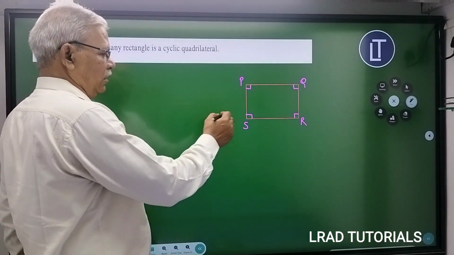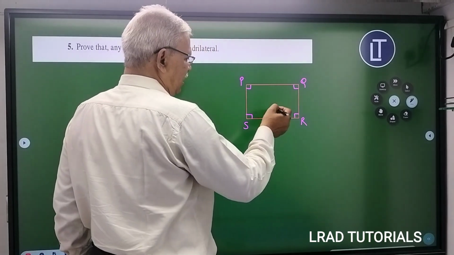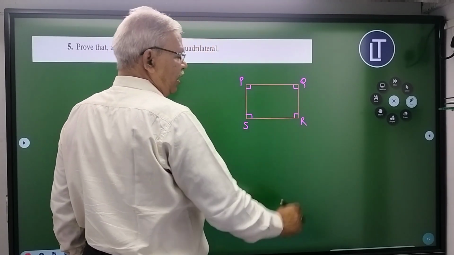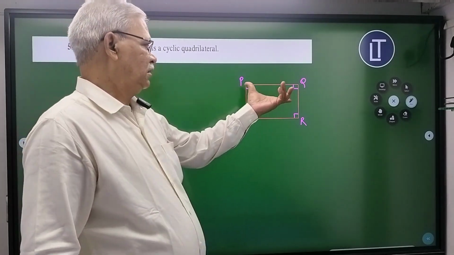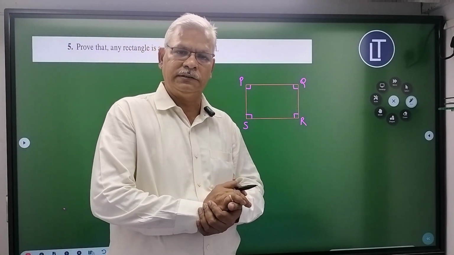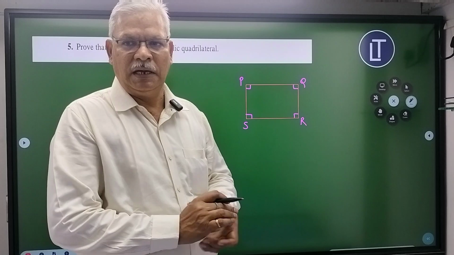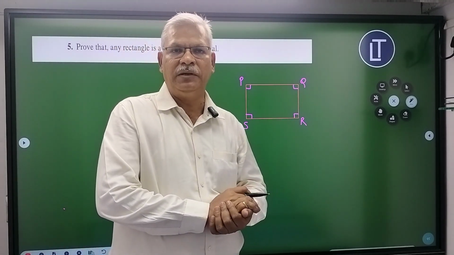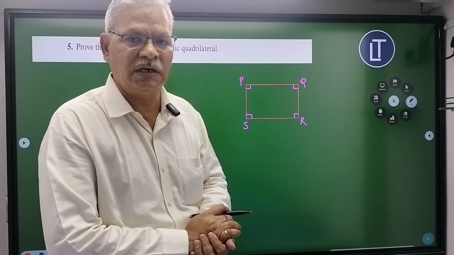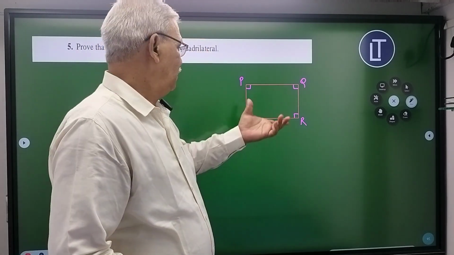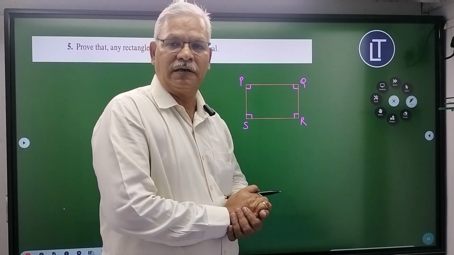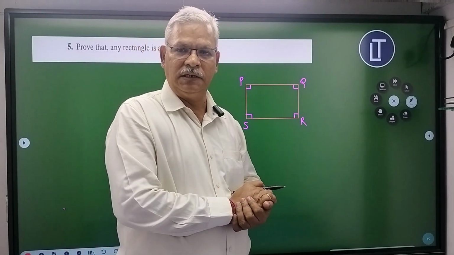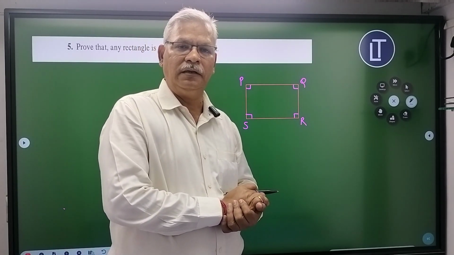Therefore, now see, here we will prove that the sum of the opposite angles of the quadrilateral is supplementary. And as the opposite angles are supplementary, then from the converse of the cyclic quadrilateral theorem, this quadrilateral is a cyclic quadrilateral.